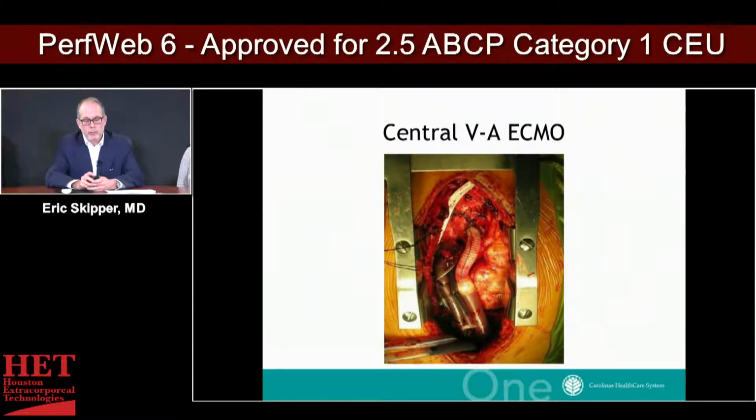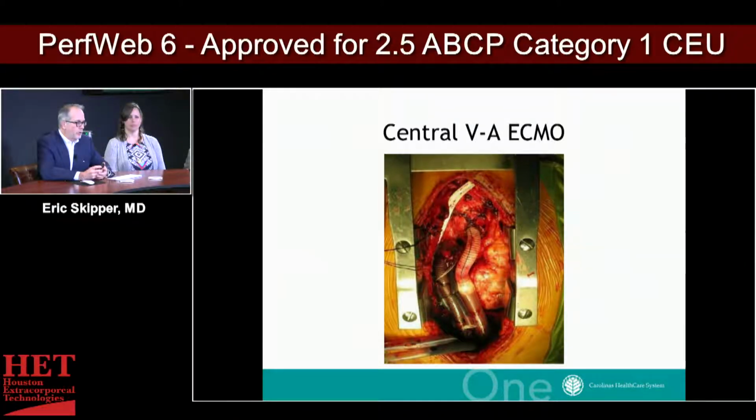This particular schematic here shows a graft having been sewn onto the aorta with a cannula going in the graft for arterial return, and it shows a large multi-stage venous cannula in the right atrium for removal of blood to send it to the ECMO circuit. There are multiple cannulation options, i.e. cannula options for this.